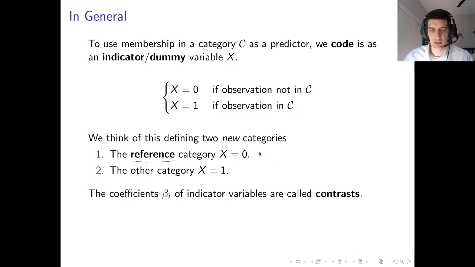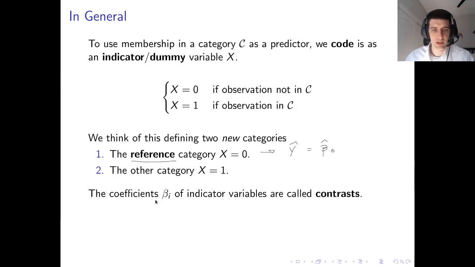What it does is our prediction y hat is equal to beta hat 0. This is our reference category when we set the predictor equal to 0, and then our estimate is just equal to our estimate of the beta hat 0 term. There's the other category, which is x equals 1, but this is just another vocabulary word. Reference category is when the dummy variable, the indicator variable, the binary variable is set equal to 0.